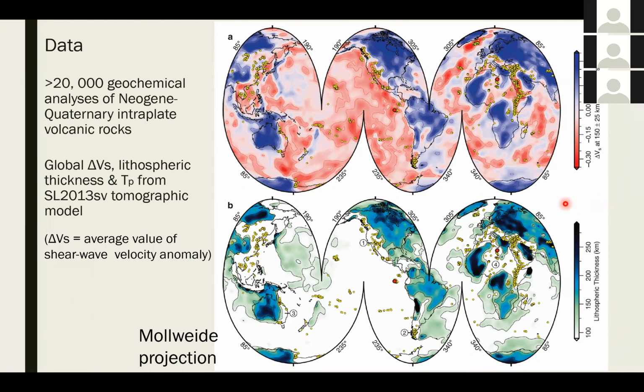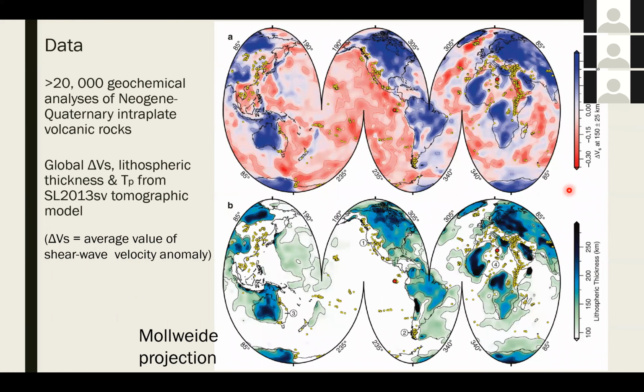The yellow circles on those maps are the locations of intraplate magmatic samples less than 10 million years old, and located less than 400 kilometers from the locus of the eruption based on the present day plate spacing.